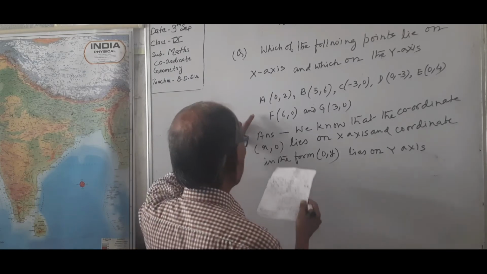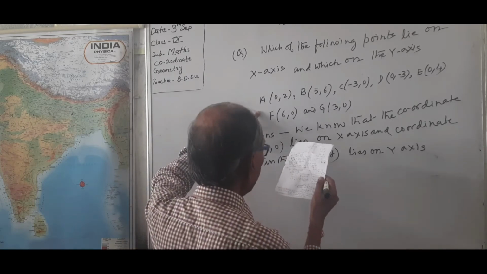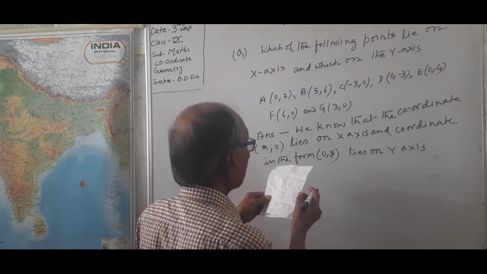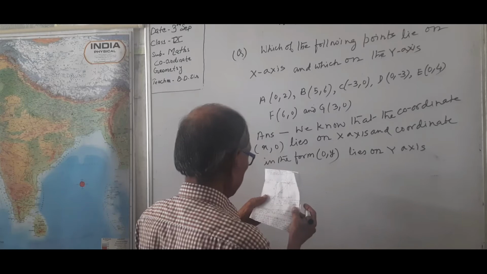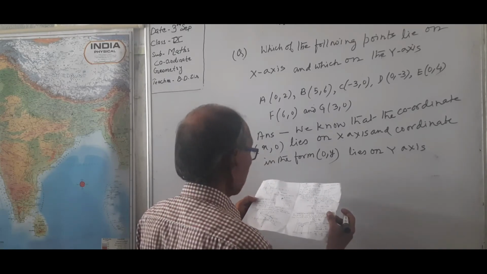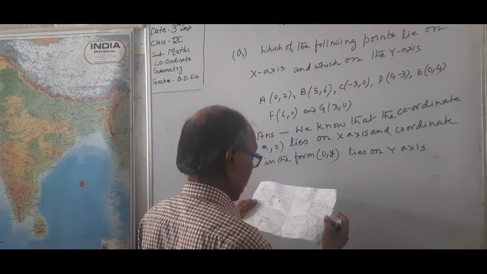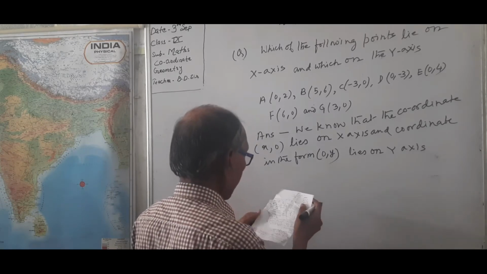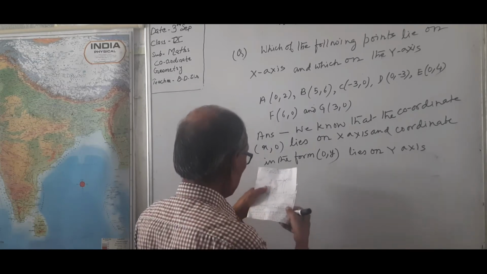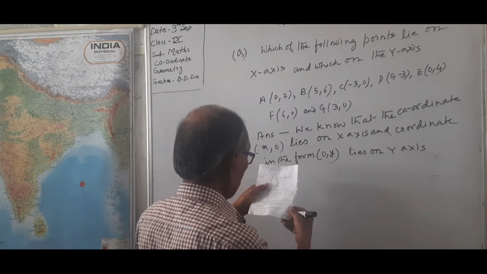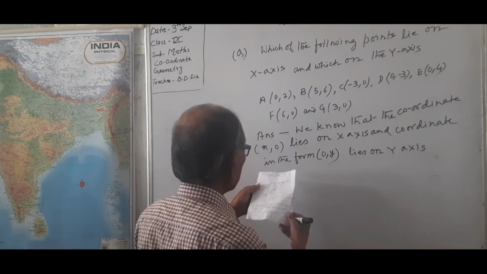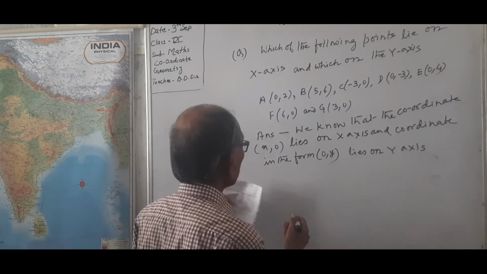Now we are going to see here. See this value and we can say which points lie on the x-axis and which points lie on the y-axis.